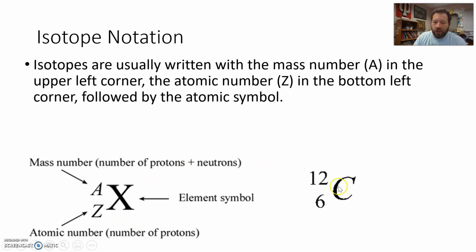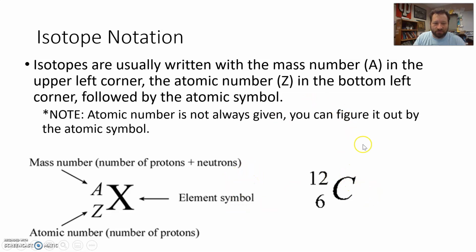So for example, carbon 12 is listed like this. There's the mass number 12, it's protons plus neutrons, and 6 because that is the atomic number, the Z, for carbon. All carbon have 6 protons.